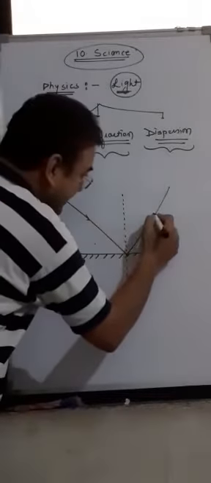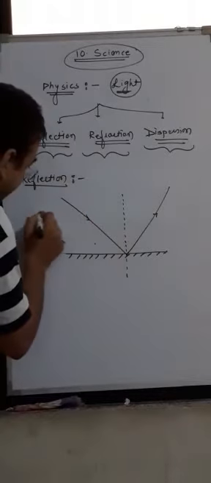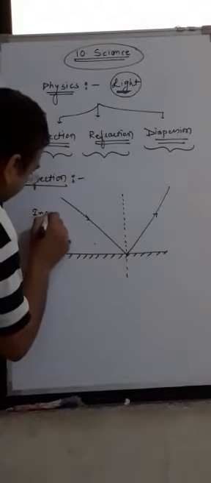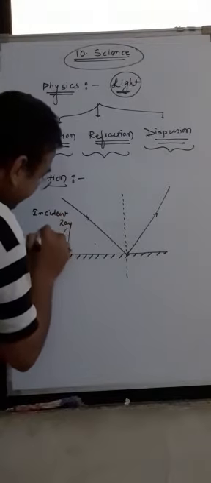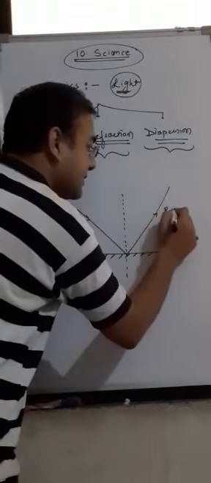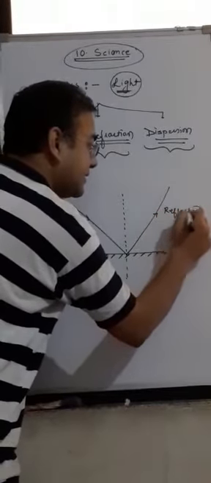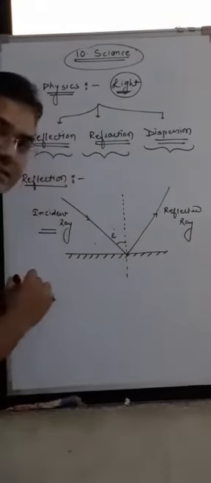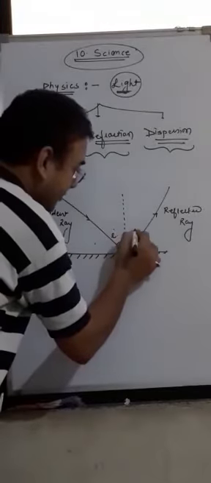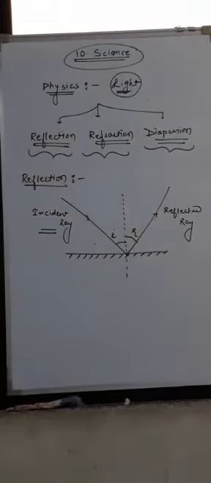So this is the incident ray, and this is the reflected ray. Here we have the incident angle, and here we have the reflected angle.